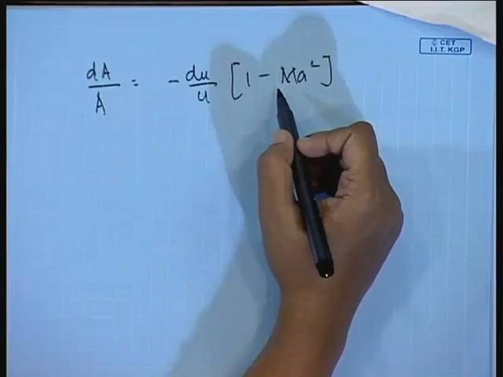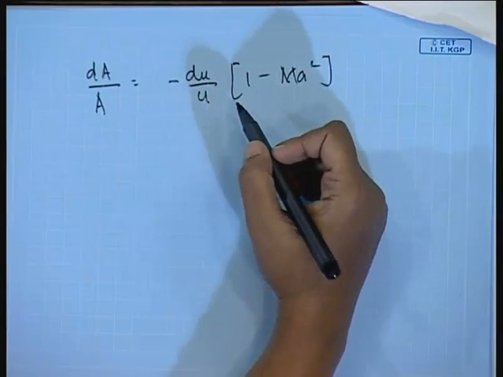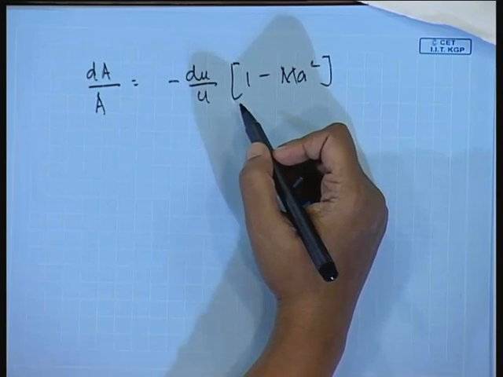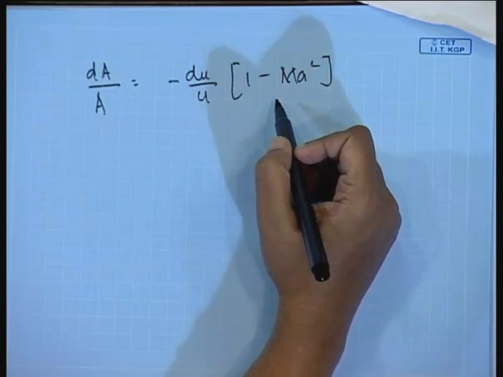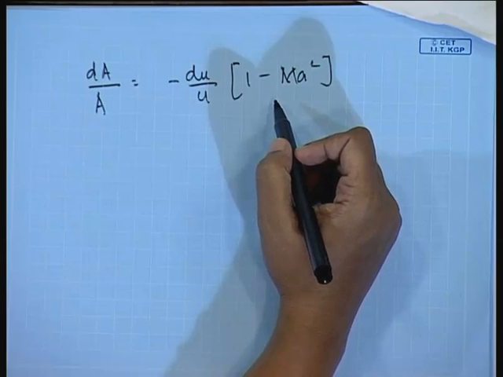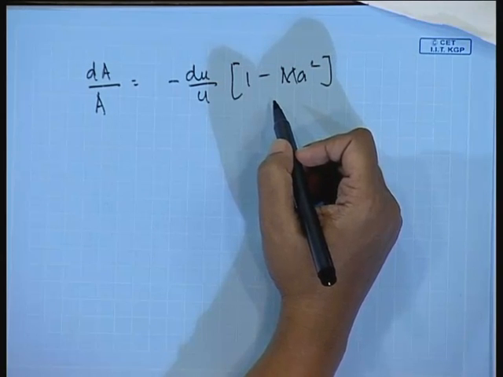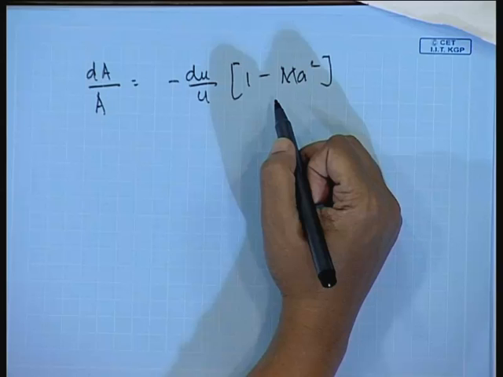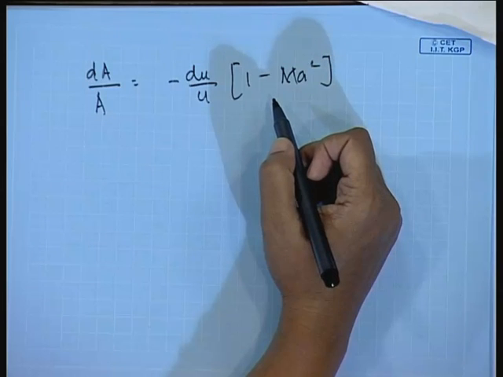But when Mach number is greater than 1, the reverse situation happens, isn't it? We find that for Mach number less than 1, area change causes a change of velocity of opposite sign. Positive dA means negative du for Mach number less than 1, and for Mach number greater than 1, an area change causes a velocity change of the same sign.